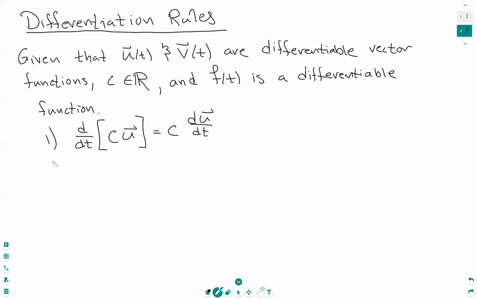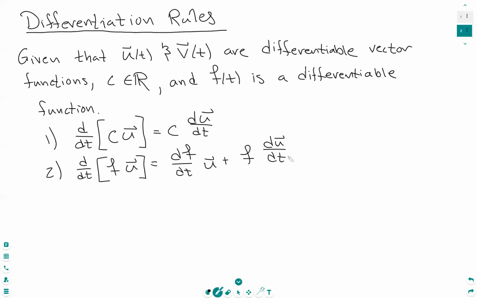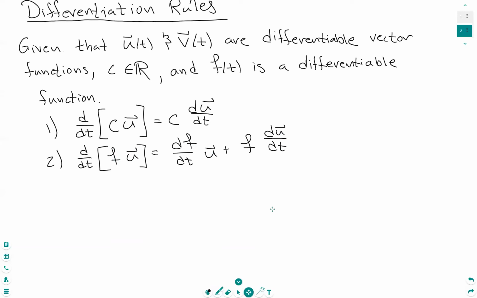Two, if we take the derivative of f times u, so this time we have a scalar function and a vector function, it's just like the product rule. We get df dt times u plus f times du dt. It's nothing too crazy there.